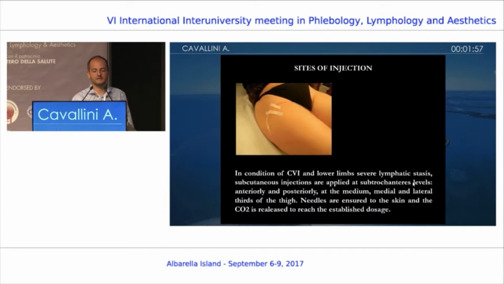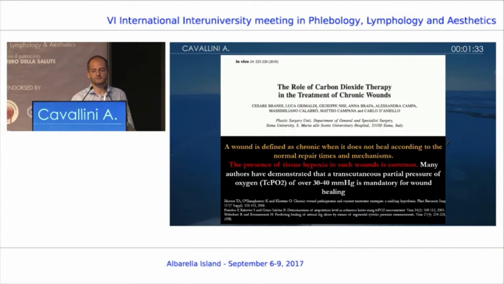So after 10 applications. So the treatment was carried out with a puncture, a very slow infusion of a big quantity of gas. And in this case, you're not creating any fibrosis. You're not treating a cutaneous pathology. You have to confer as much thickness as possible in order to foster microcirculation.